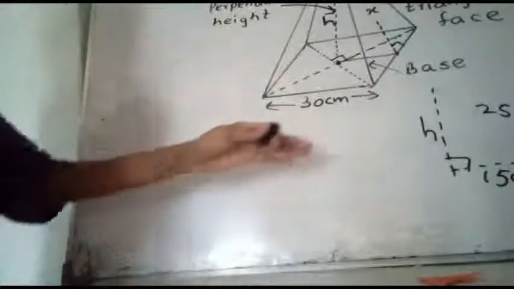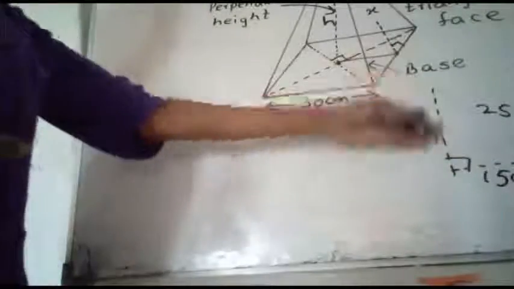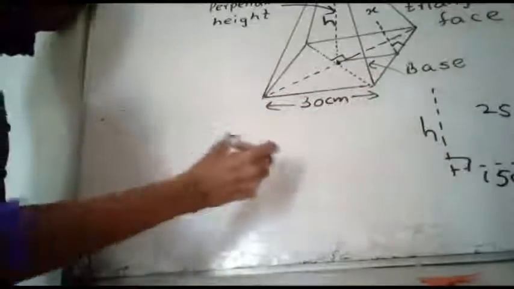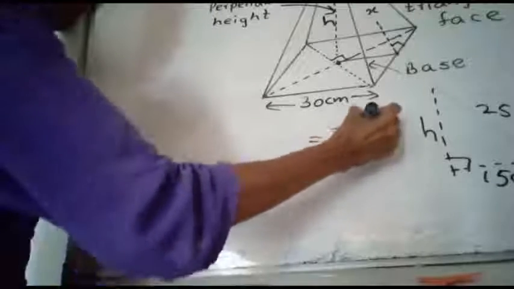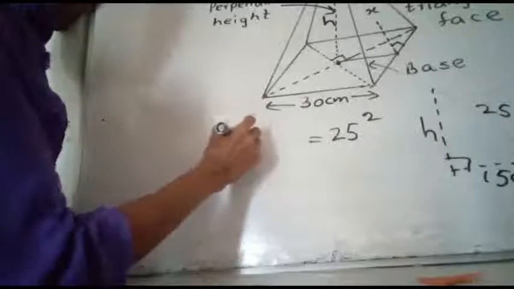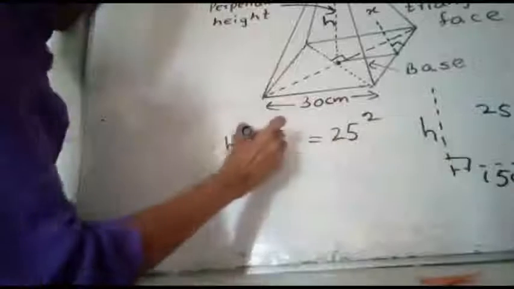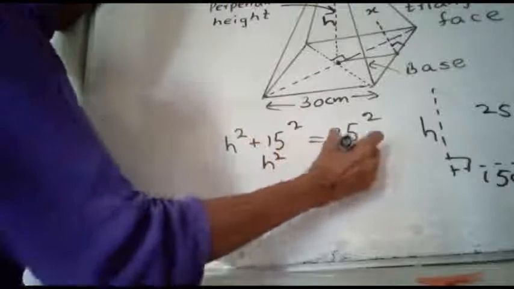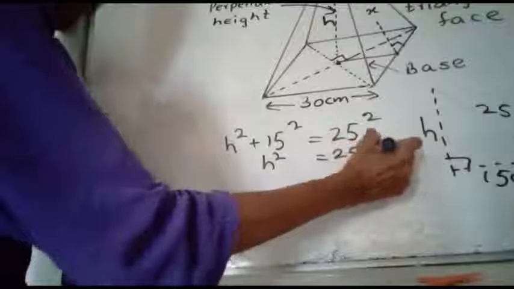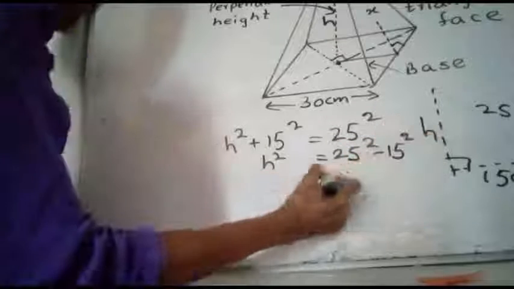These measurements are in the right angle triangle. Using the Pythagoras relation, 25 squared is equal to h squared plus 15 squared. H squared is equal to 25 squared subtract 15 squared.